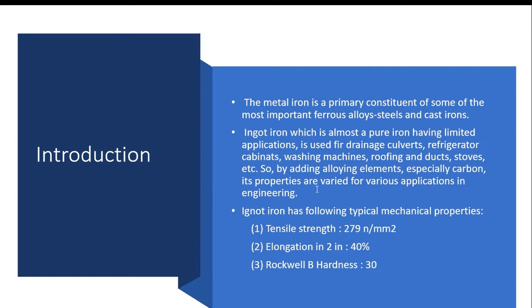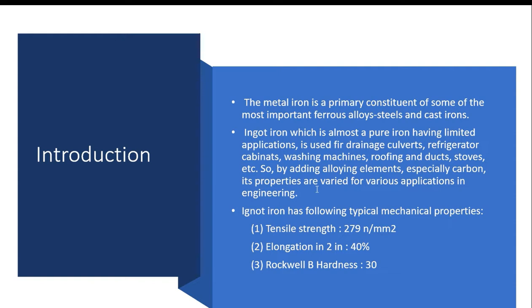But nowadays we do not use this kind of pure iron, because pure iron has some advantages and also disadvantages. To reduce those disadvantages, they use alloys to gain some advantages. By adding alloying elements, especially carbon, its properties are varied for various engineering applications.